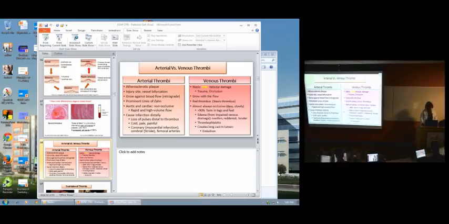So when you have the aorta and the cardiac, when you're referring to within the myocardium, within the heart, where you talk about the valves, it tends to be non-occlusive because of the rapid blood flow.